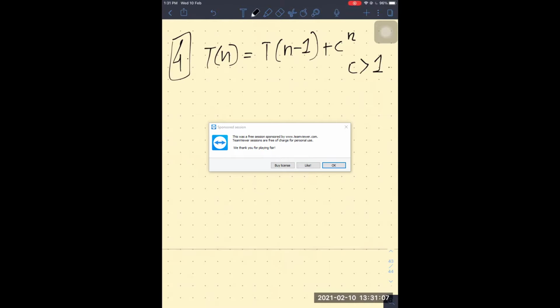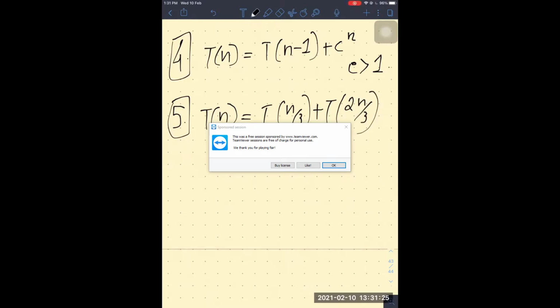And number 5 is T of n equals T of n by 3 plus T of 2n by 3 plus C of n. Same, C is some constant greater than 1. So we will meet here at 1:36, and I will send you to the breakout rooms now.